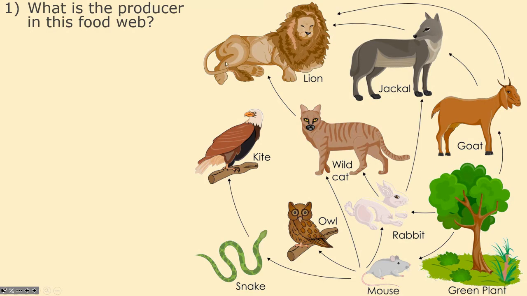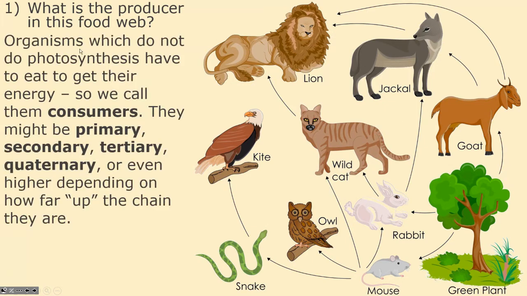But all of these other creatures, these animals, we give them a special definition, a special name as well. Only the organisms which do not do photosynthesis have to eat to get their energy, so we call them consumers. It's another key word.